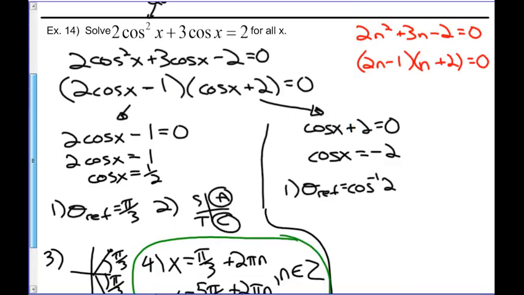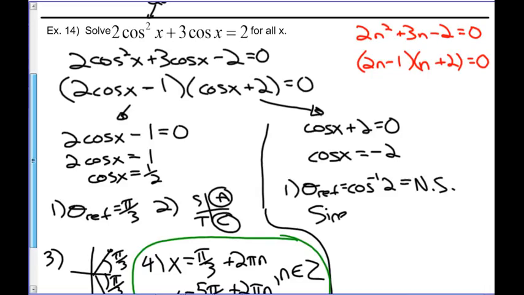There's no such thing as a cosine value of negative 2. Okay, if you're talking about a triangle, a cosine of 2 would mean that you'd have an adjacent side that's bigger than the hypotenuse. That's not possible. No solution comes from this.